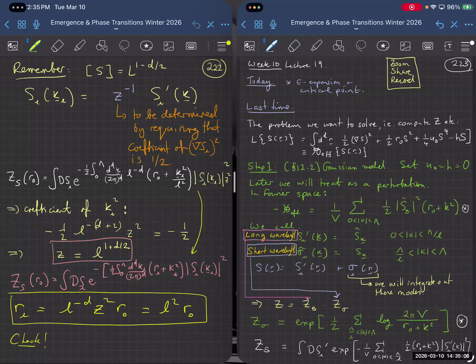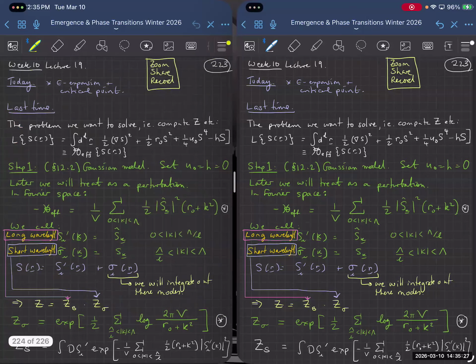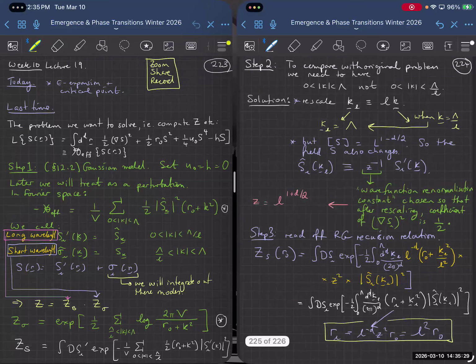It's just a number, and there are no infinities in that. The long wavelength part is shown below, and everything about it looks just like the original Hamiltonian, except that the range of k goes from 0 to lambda over L. And so that's the problem that we need to solve.